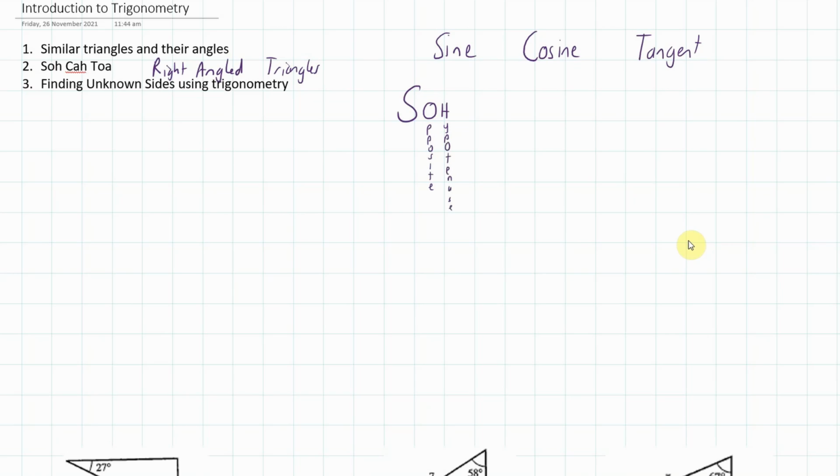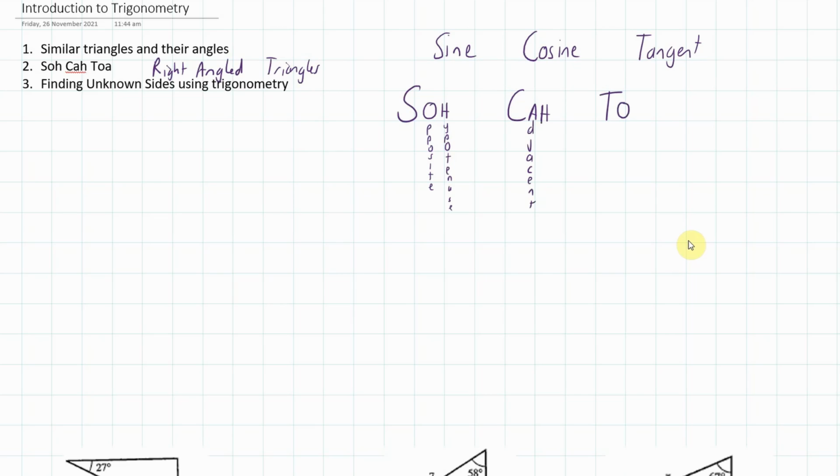Okay, I'm not going to write all of these out because it's going to take too long. Cosine is CAH. So, and we've got A, I'll write this one out, adjacent, that means next to. And then H obviously stands for hypotenuse again. And tangent is TOA.